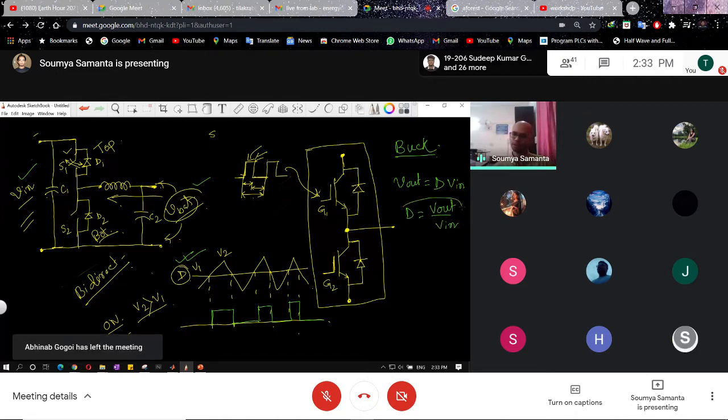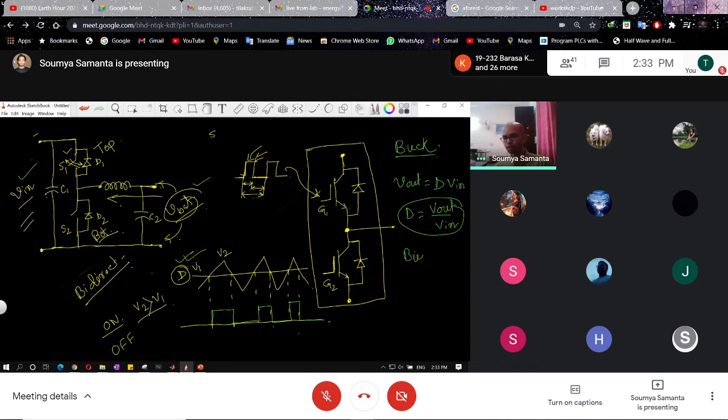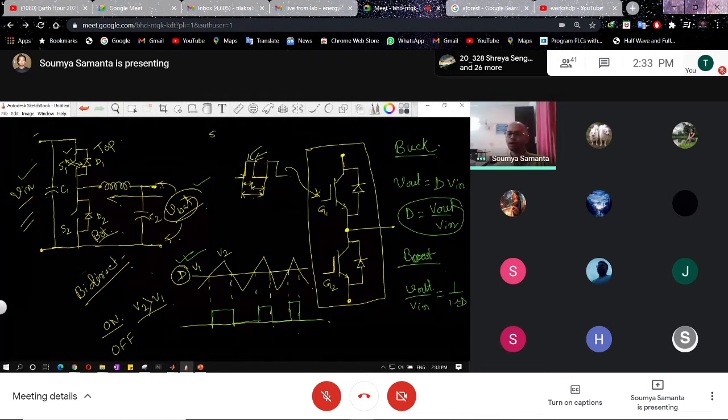Okay, this is the duty cycle for the buck converter. Similarly, for the boost converter, we can design that similarly: V out by V in equals 1 by 1 minus D. Now you can find the D relation here. 1 minus D is V in by V out.